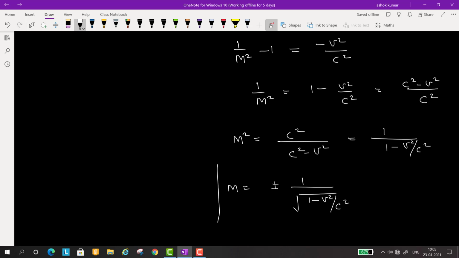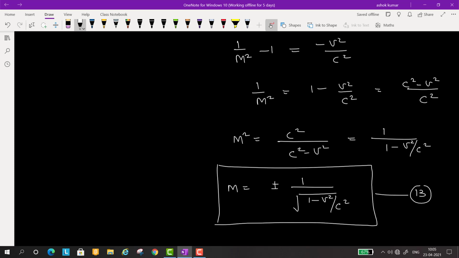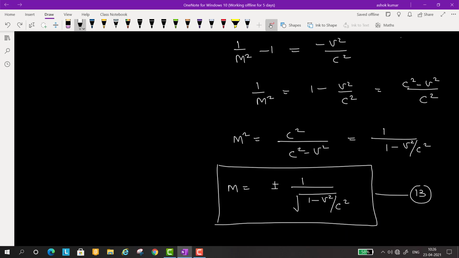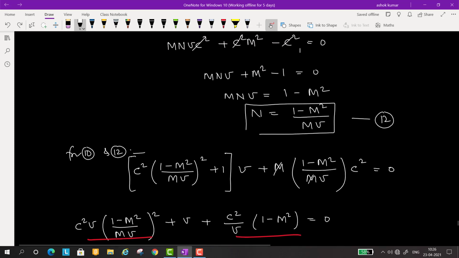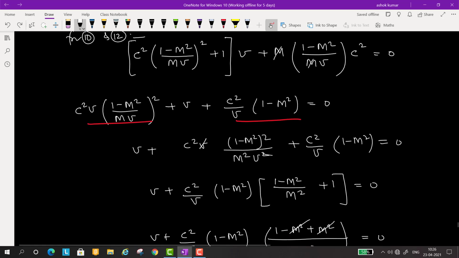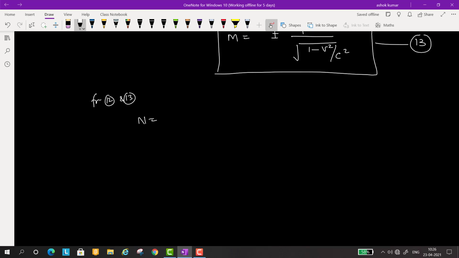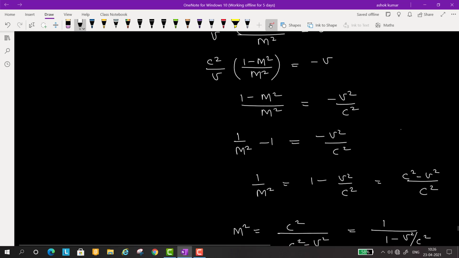So first constant जो हमने कैलकुलेट करना था उसकी वैल्यू हमारे पास आ गई है and we represent it by equation number 13. Now we will find our next constant n. So for that we will be using equation 12. Substitute the value of m in equation number 12. So from 12 and 13, n is equal to 1 minus m square over mv.